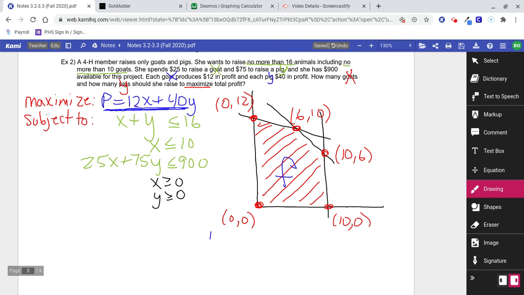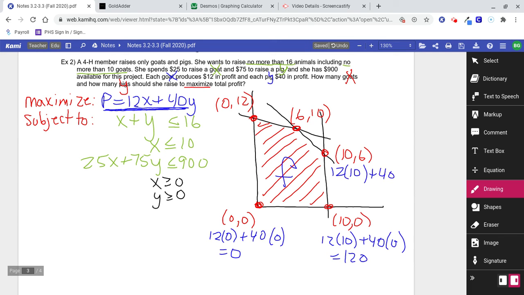So obviously this one's going to be 0. 12 times 0 plus 40 times 0 equals 0. 12 times 10 plus 40 times 0, sorry, equals 120. 12 times 10 plus 40 times 6 is 360.